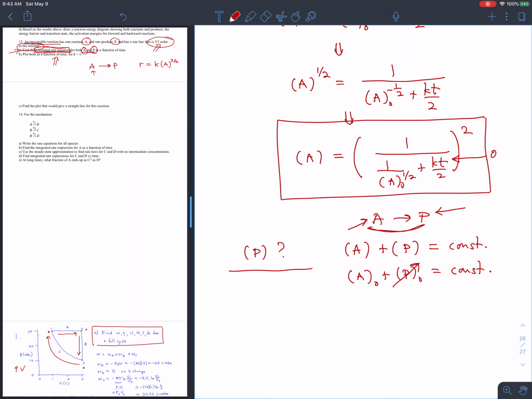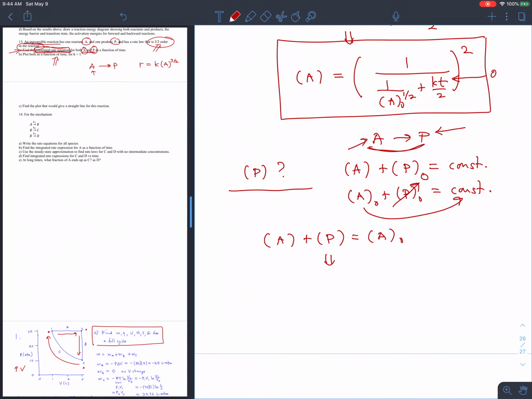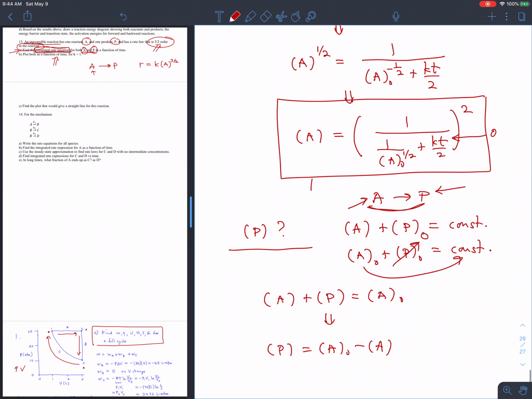We assume that there is no P to begin with, there's no product to begin with, and therefore the constant is just equal to A0, and so we have that A plus P is equal to A0, and that means that P is equal to A0 minus A, and we have A up here.